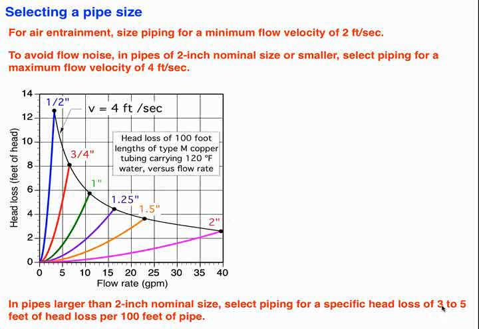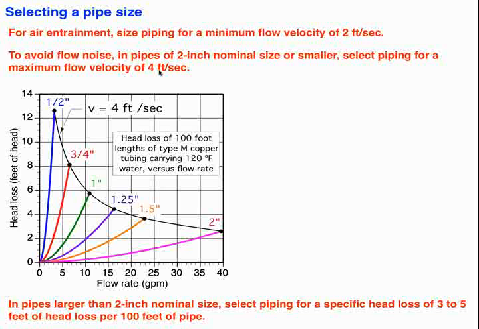And the suggested range here is from 3 to 5 feet of head loss per 100 feet of pipe. What that does is it prevents these larger pipes from being grossly oversized. If we were to stay with the 4 feet per second criteria all the way up to, let's say, 6-inch pipe or maybe even beyond, we will have pipes that have extremely low head loss, but economically they're going to get very expensive for the amount of flow.